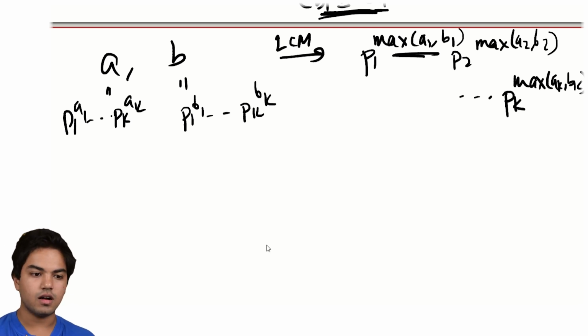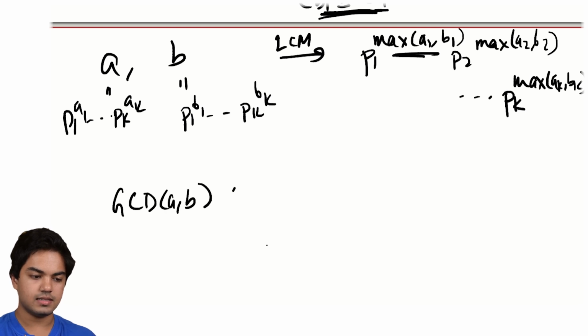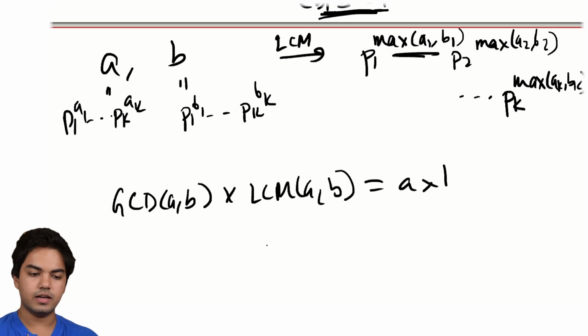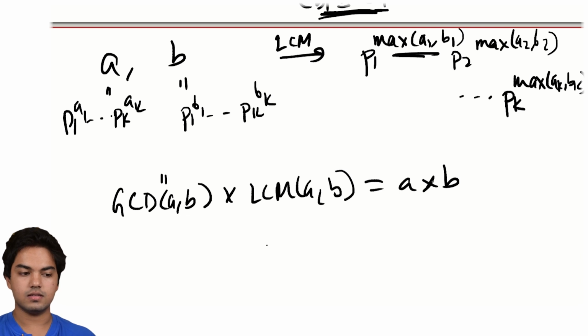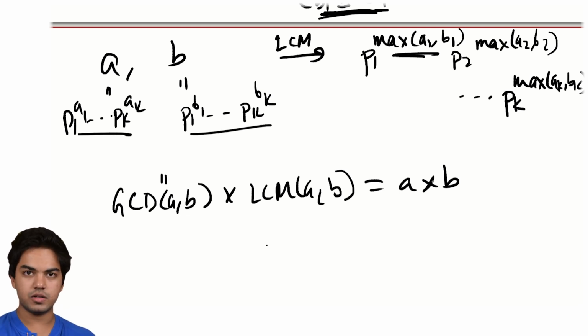This also gives us very quickly the proof of the fact that GCD of A and B times LCM of A and B is the product of A and B, right? Because at each step, if you have P1 to the A1, P2, all the way up to Pk to the Ak, and same thing for B, you're choosing one number between A1 and B1 for the GCD and the LCM. So for P1, say A1 is less than B1.